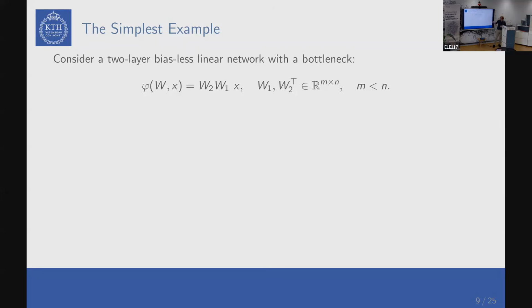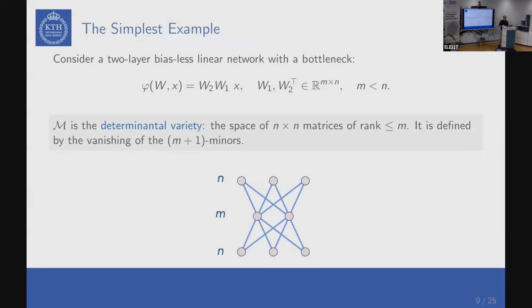So a bottleneck. This network just takes the input and multiplies it by 2 matrices, the first and the second layer. What's the neuromanifold? The answer is quite clear. The neuromanifold is the space of linear maps, so n times n matrices, of rank at most m, just because there is the bottleneck.